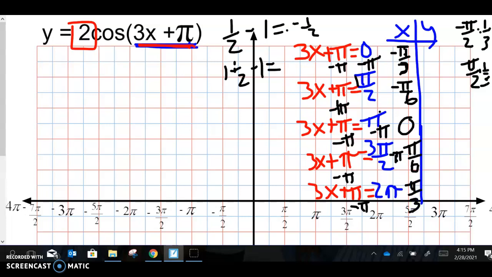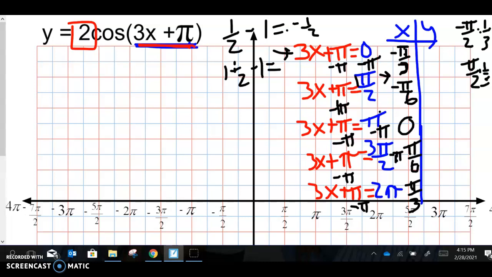Now, some people don't do it this way, sticking 3x plus pi equal to the 5 key points. They might do that a couple times, and then once they see what they're adding each time, like the difference between negative pi over 3 and negative pi over 6, you're increasing by pi over 6 each time, okay?